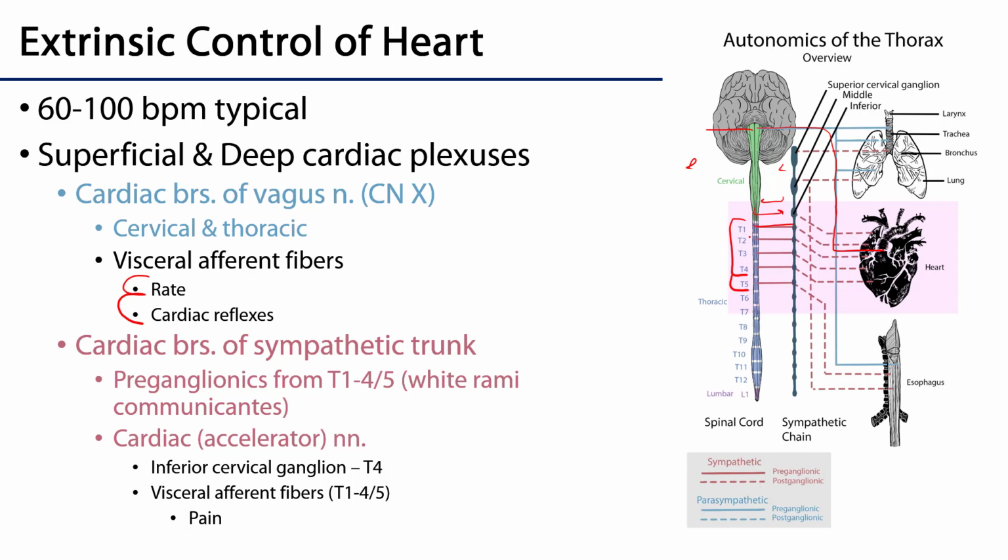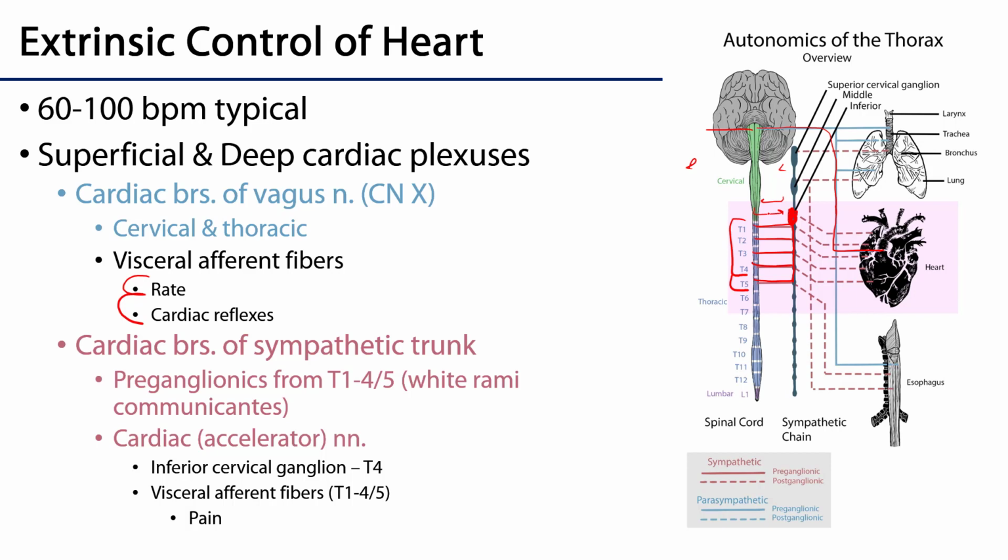So those preganglionics are coming from T1 to sometimes through T5, and they can either directly leave the chain from T1 through T4 to serve the heart, or ascend up to the inferior cervical ganglion, or the stellate ganglion if that combines with T1, which it frequently does.